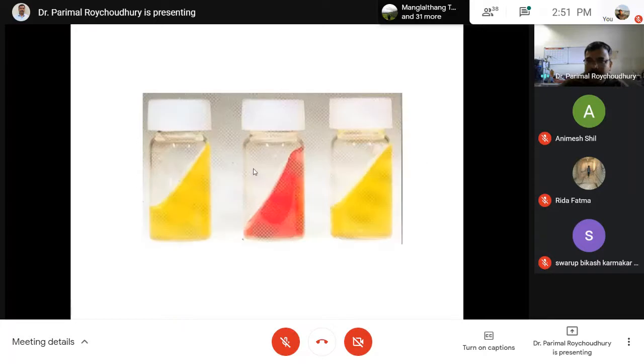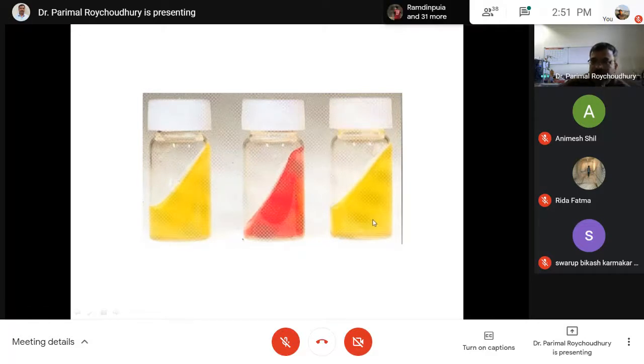Here it is showing that alkaline reactions are produced. The phenol red indicator is here, and the yellow color indicates negative for urease production.